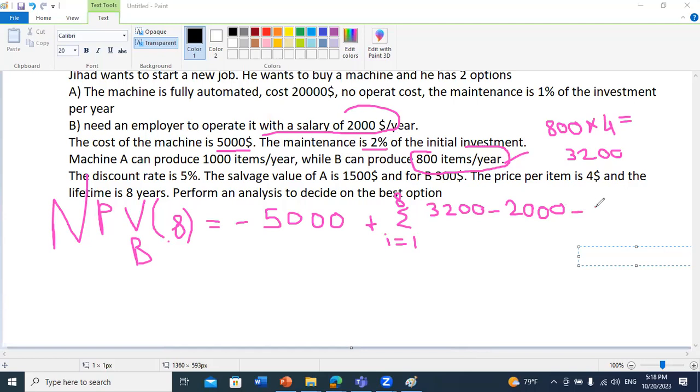So minus 0.02 times 5,000, over 1 plus A to the power i.